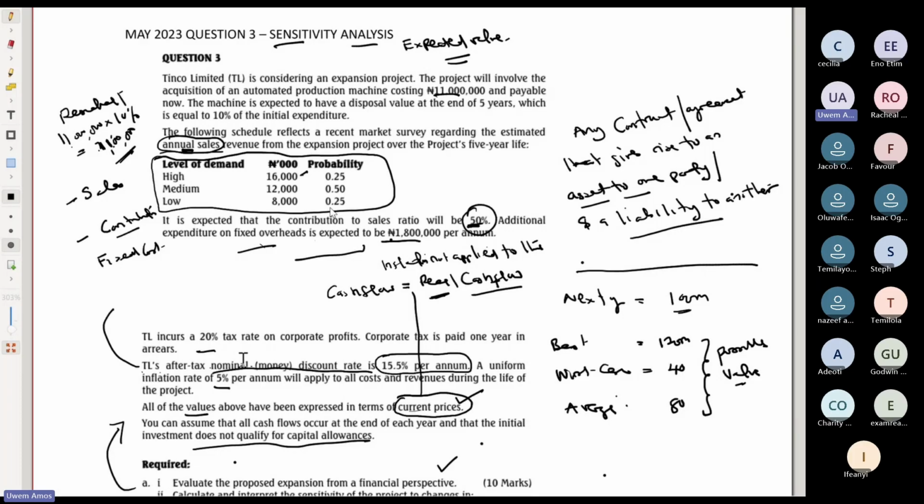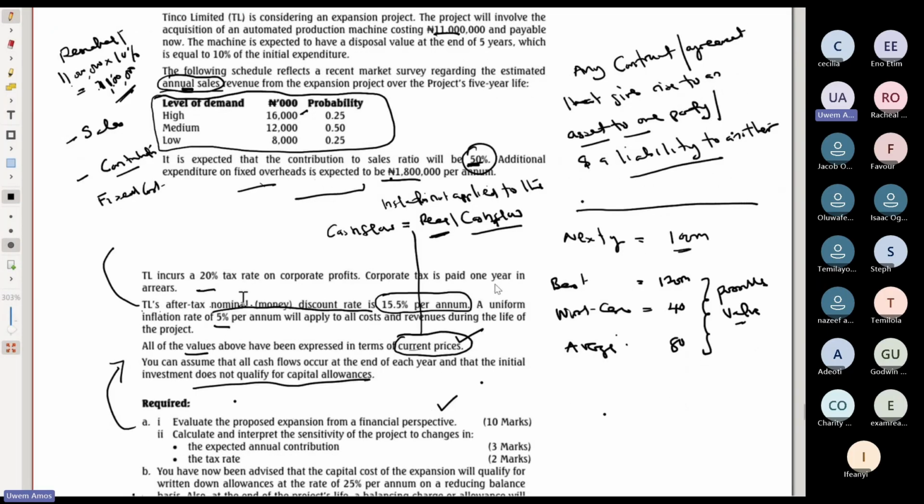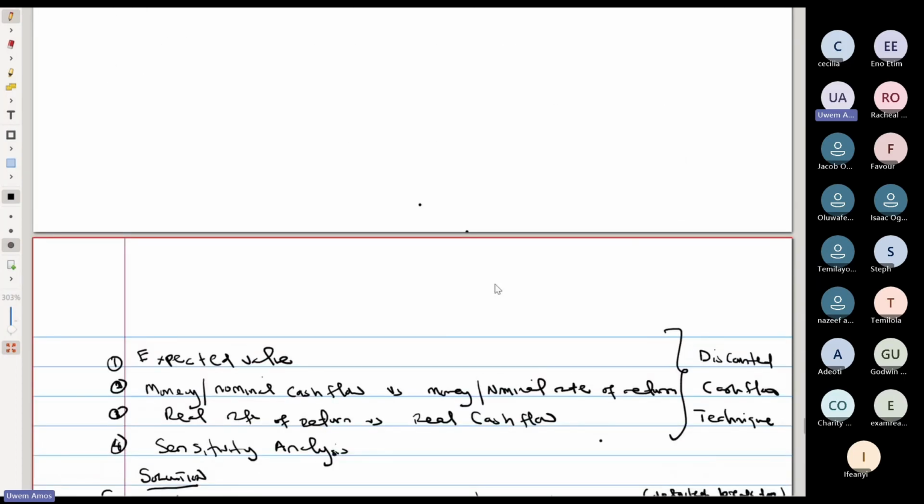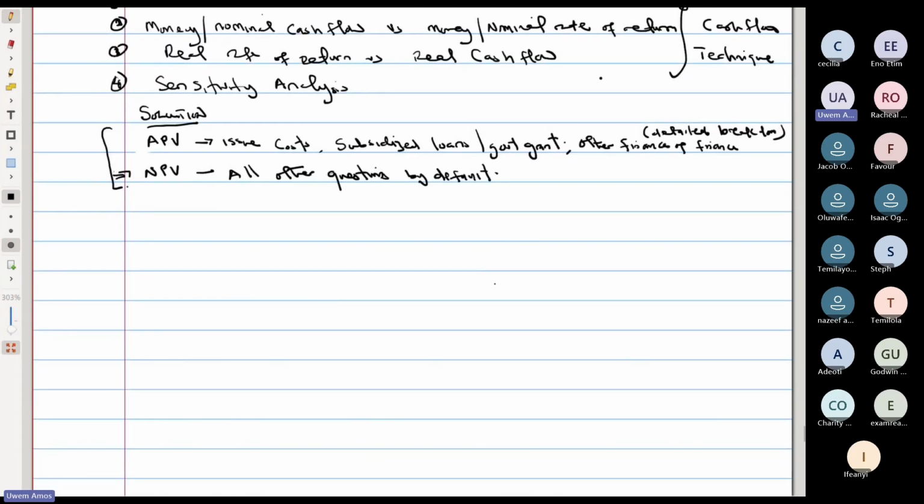If we had the same thing for variable cost or rent, we would do the same thing to derive it. But in this question, we only have that for our sales. So let's calculate what our annual sales would be. That is what is called the principle of expected value. We explained it in our previous class, so you might want to look at that if you want more details.